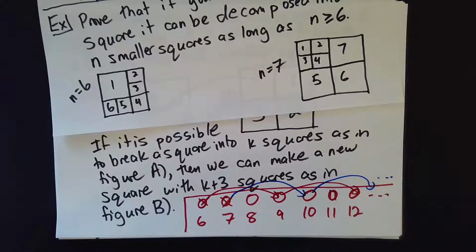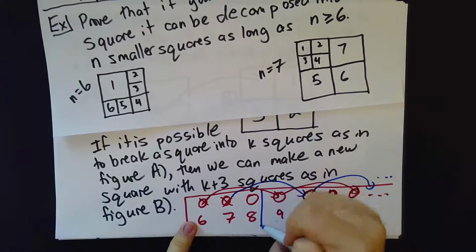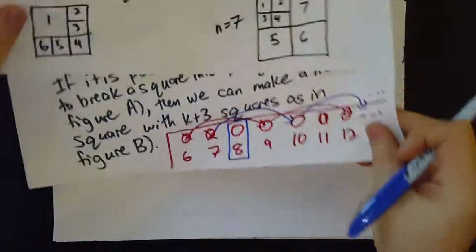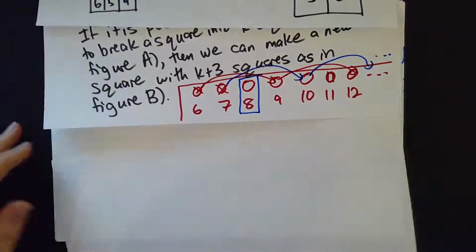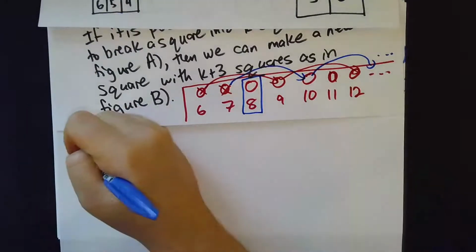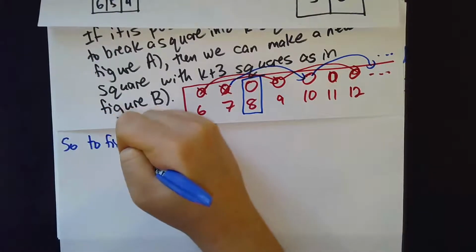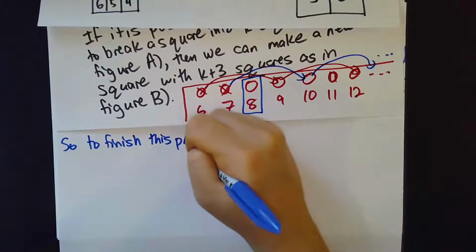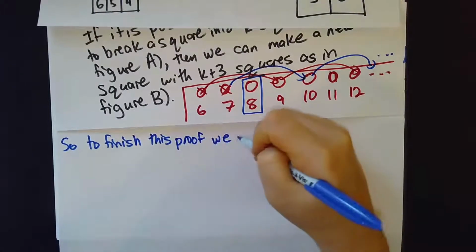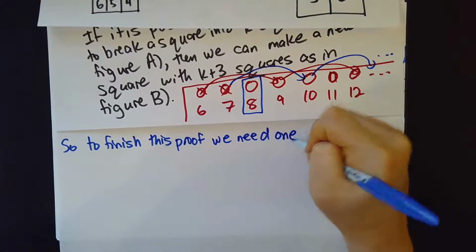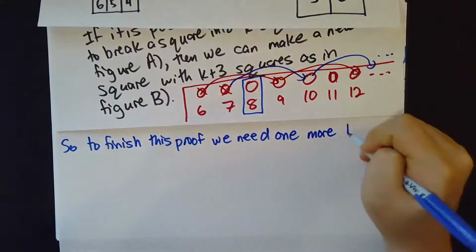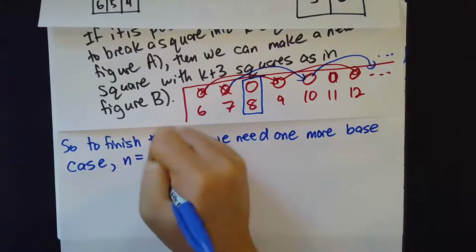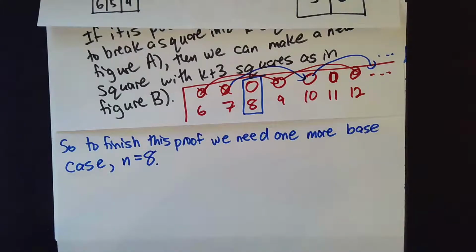And so to finish this proof, all we need to do is this one more base case. Which would be n equals 8.